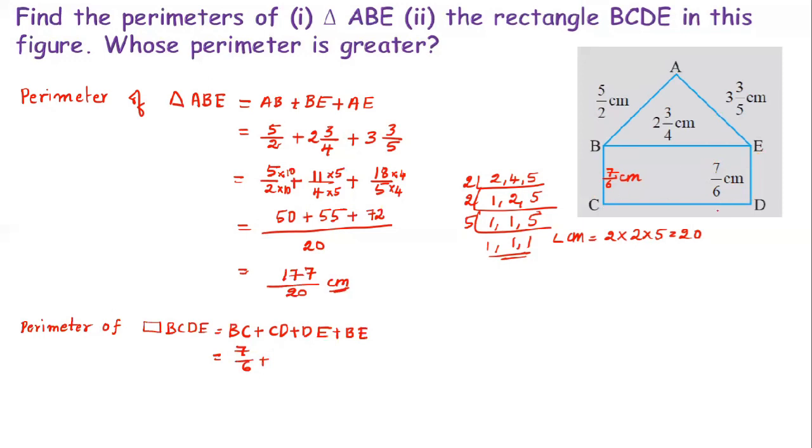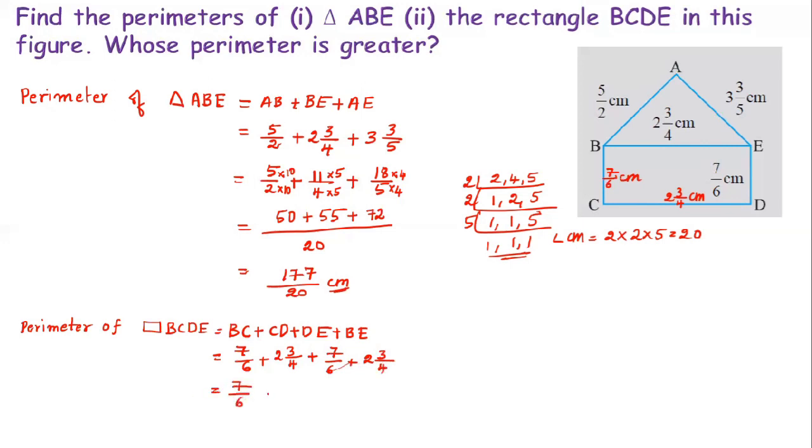There is no length for CD. Look at the opposite side, BE, that is 2 3 by 4 centimeter. So CD is also 2 3 by 4 centimeter, because in a rectangle, opposite sides are equal.